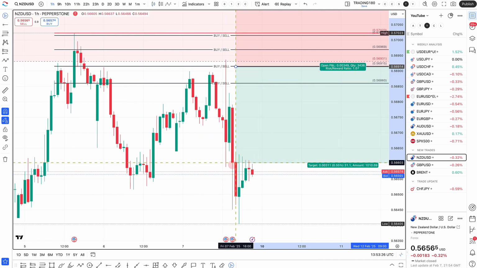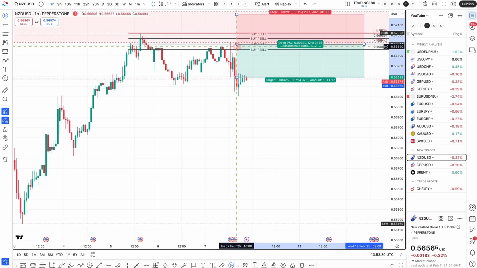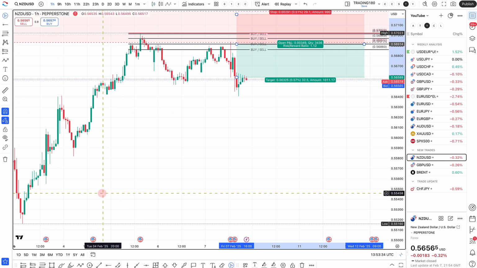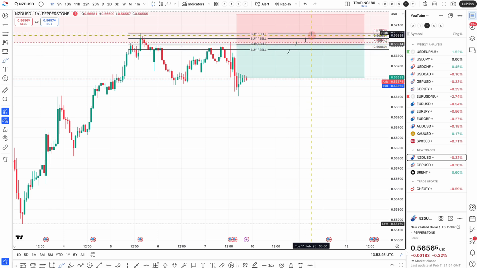And the reason why I go for a 1-to-1 on positions, especially if I'm in multiple positions, is to really just try to get myself to a break-even perspective. So if each position represents, let's say for example, 1%, just for math's sake, and this is all 4%. I would never risk 4% on any trade, but just for maths.